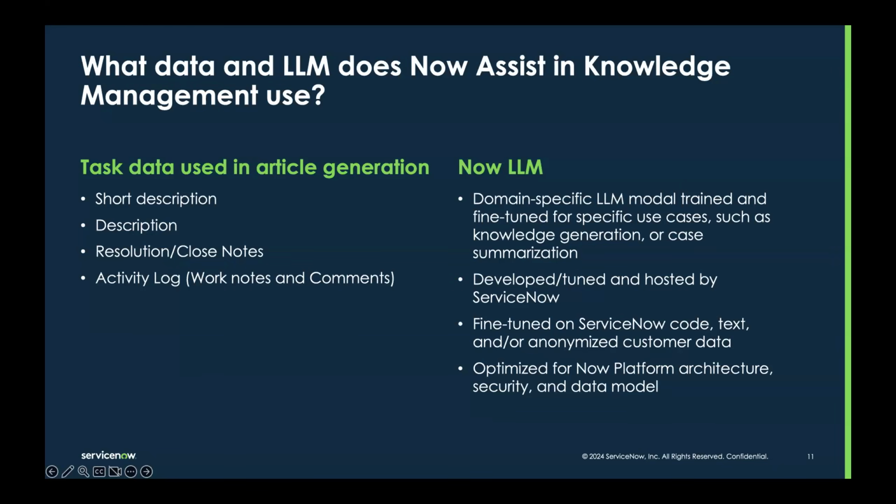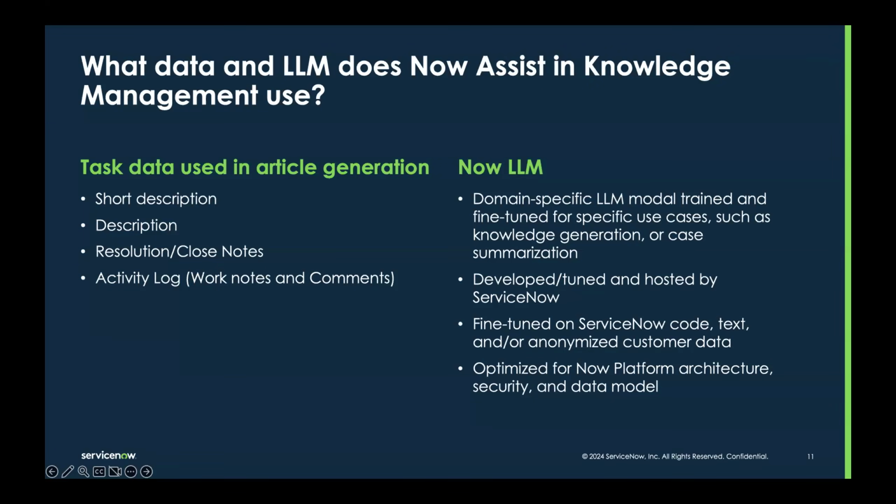So in regards to the LLM itself, we are using our domain-specific Now LLM. What this means, just like our other Now Assist products that are out there, is this is our proprietary LLM. It's trained and fine-tuned for our ServiceNow use cases, such as generating articles from task-based records. What this means is that we take over a lot of the development and the tuning that you would normally have to do.